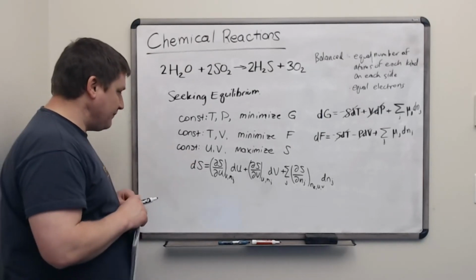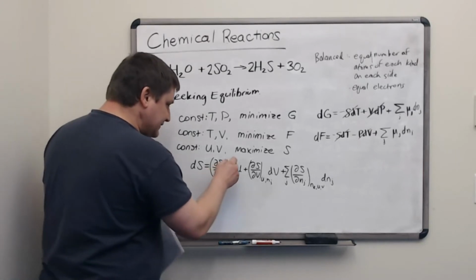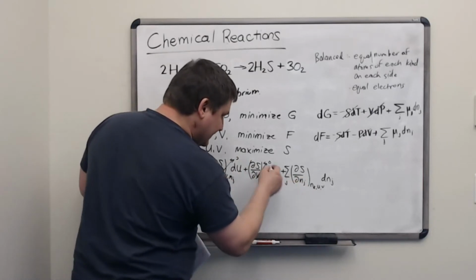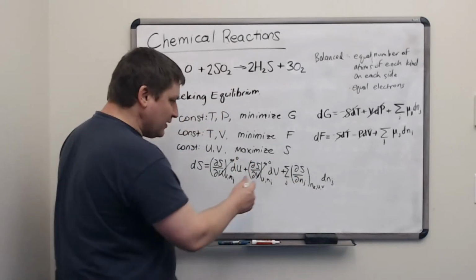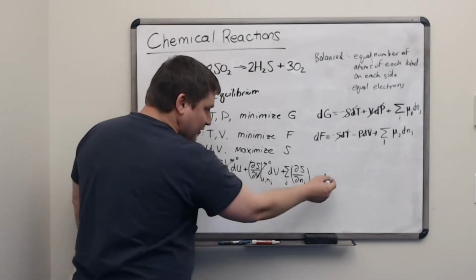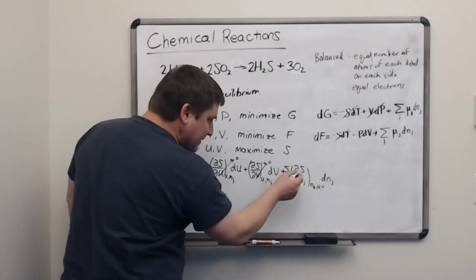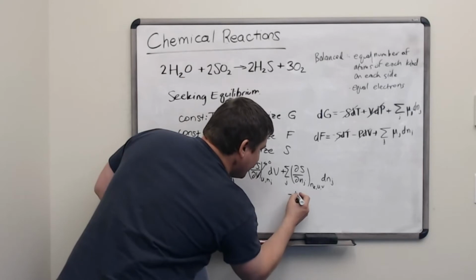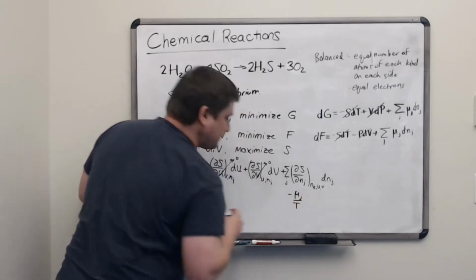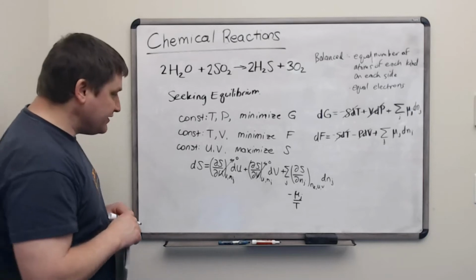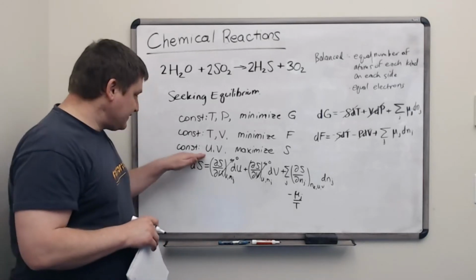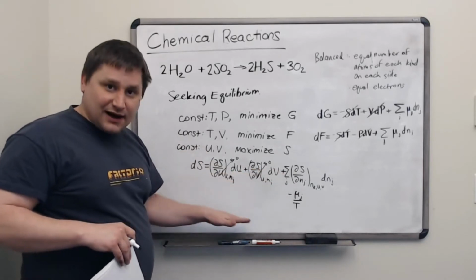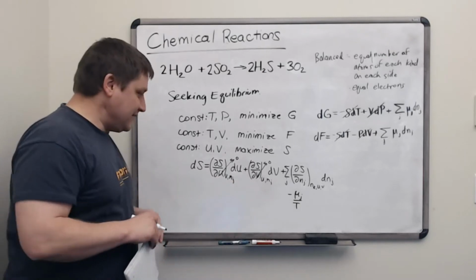Now, if the total energy is held constant, this term is gone. If the volume is held constant, this term is gone. And so again, we get this term here, which only depends on the number of moles changing. Remember that dS/dn_j was equal to negative mu_j over T. Okay, so even though we don't hold temperature constant in this bomb calorimeter, the temperature is the same for every different molecule inside the chamber.